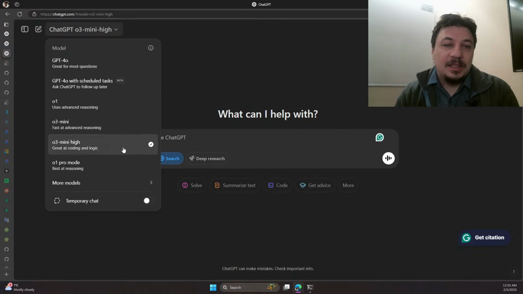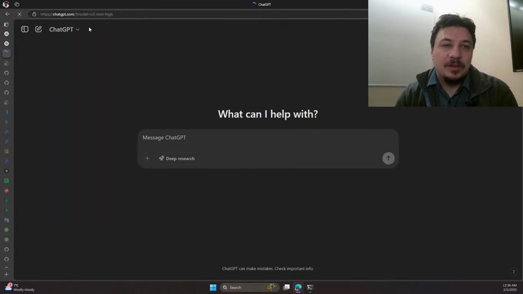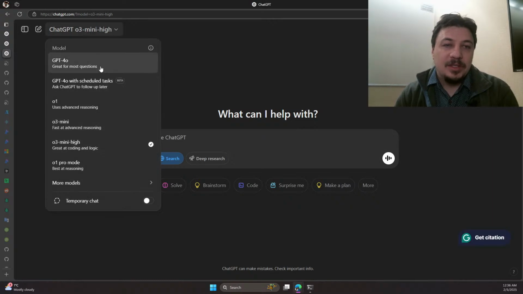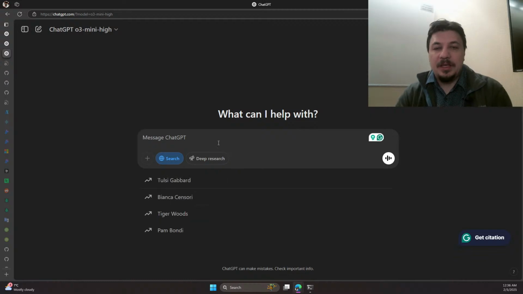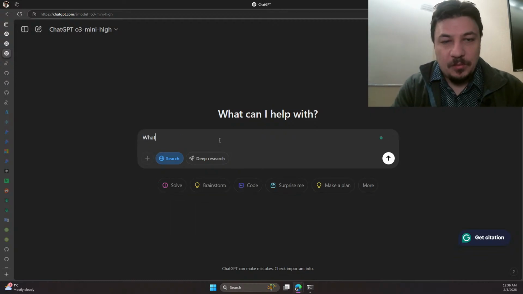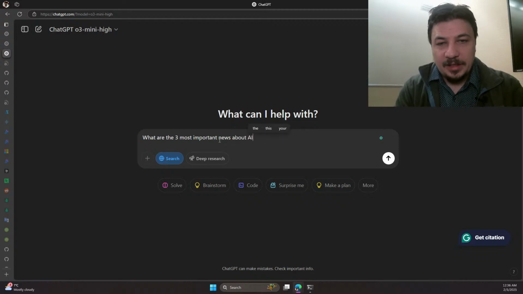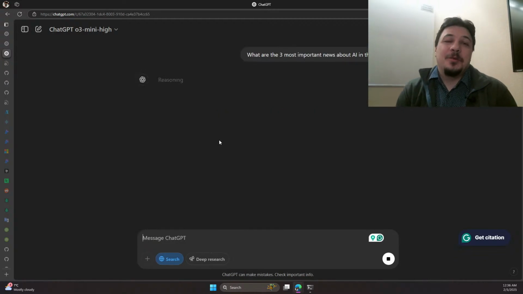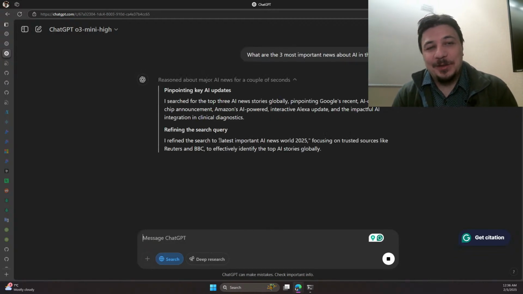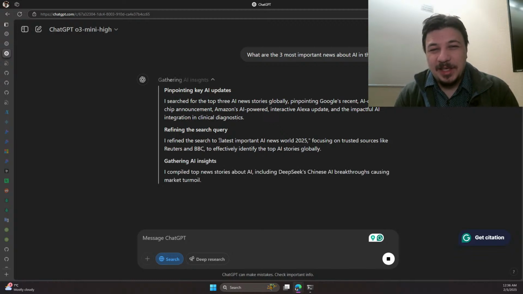Yeah, as I see right now, we still don't have the GPT-o3 model available, so it's okay. What are the three most important news about AI in the world? Of course, it would be cool if we could execute ChatGPT o3 mini with internet support from our APIs, but it's not available as of now.